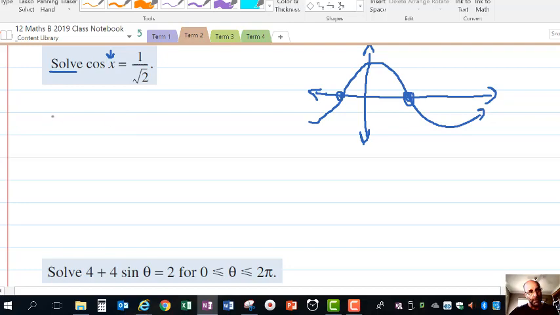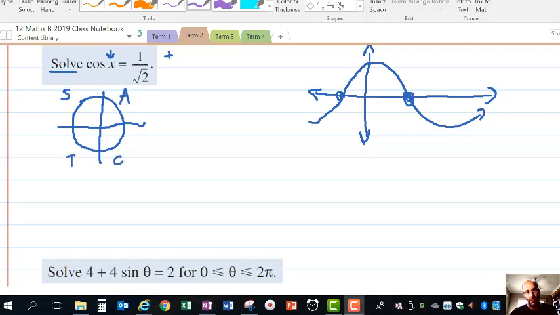Okay, so in the first quadrant, let's see what's happening here. We could do a little sketch of a unit circle, and we notice that the value there is positive for cosine. So we are in positive values, we are in quadrant 1 and quadrant 4.